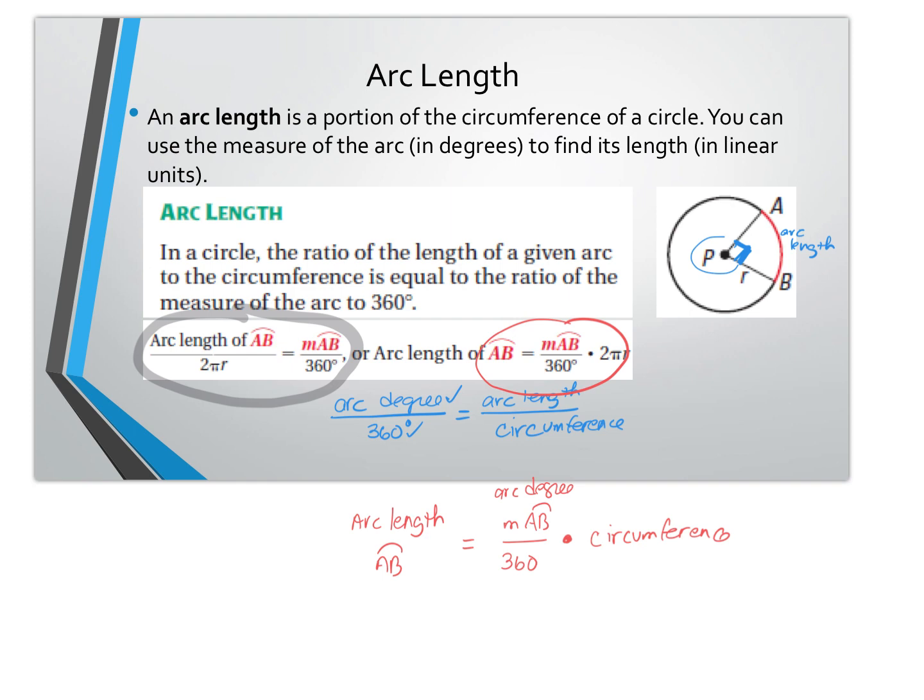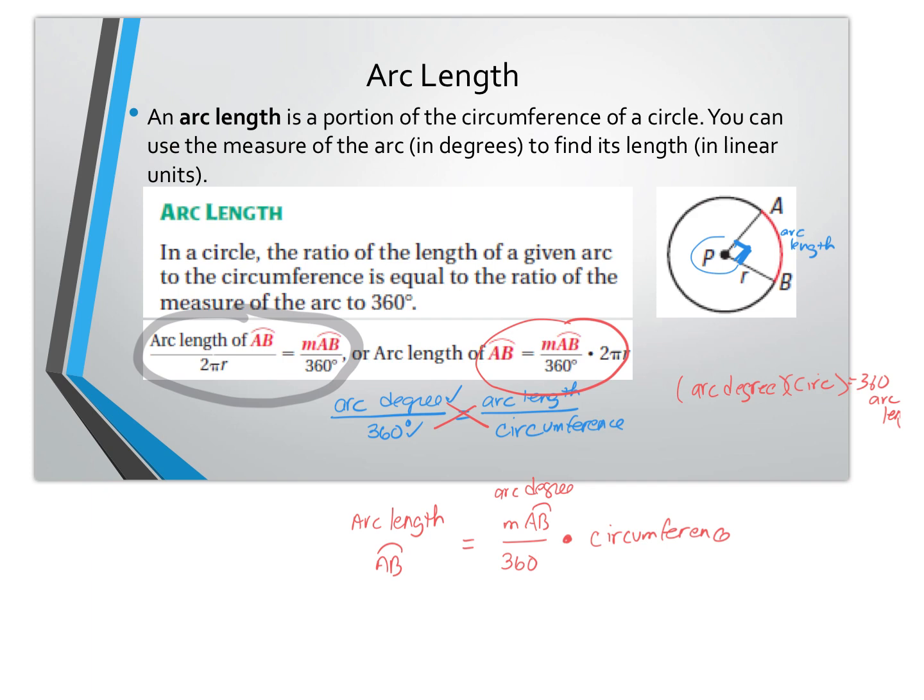And that's going to give you the arc length, okay? Now, if you look at the proportion we created and do the math here, I would get arc degree times the circumference equals 360 times the arc length.